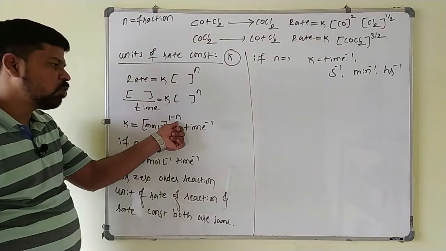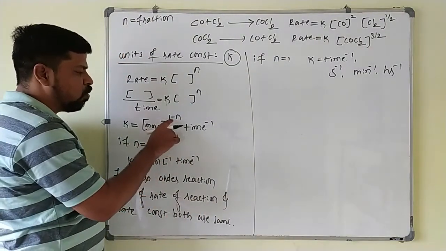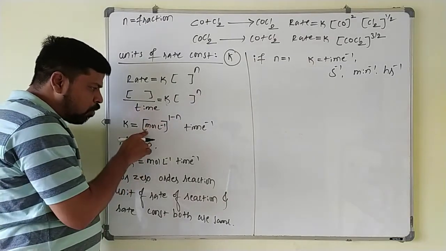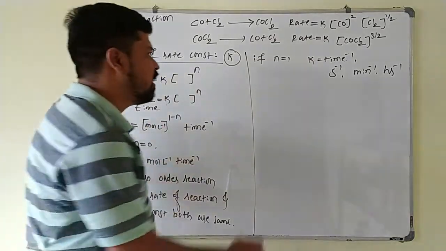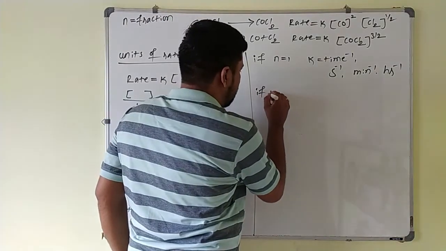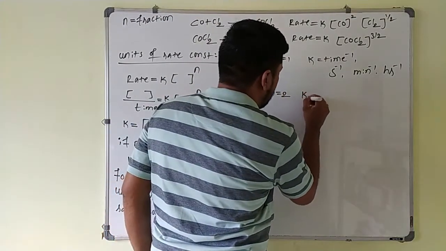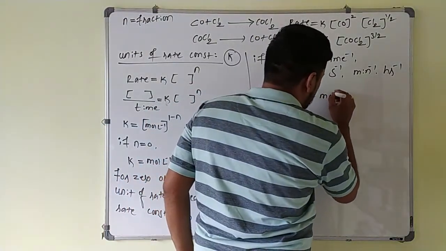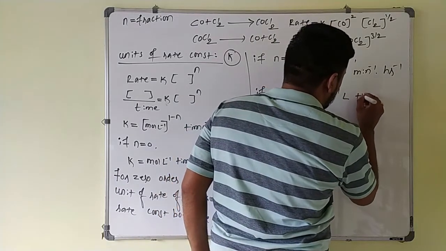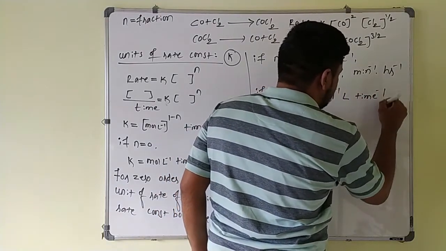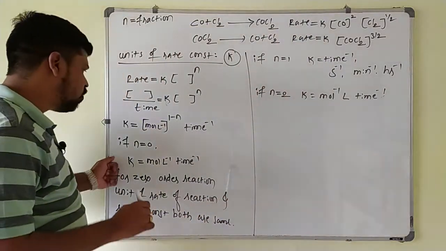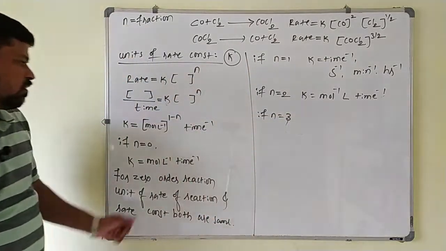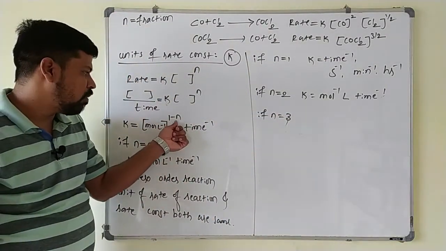If n value is equal to 2, if you substitute n equal to 2, 1 minus 2 is minus 1. You multiply this minus 1 inside here, so the unit of K becomes per mole liter per time. If n value is equal to 3, you substitute n equal to 3, 1 minus 3 is minus 2.